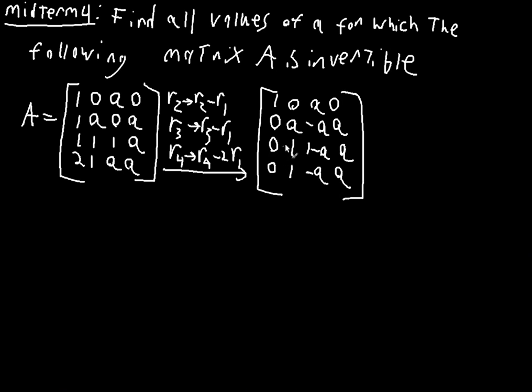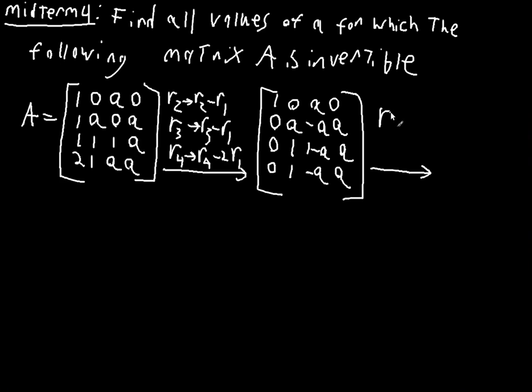Okay, now this is where we want to start off by worrying. We don't want to divide out by A here, unless we're very careful about our work, because A could be 0. Instead, what I'm going to do to help bypass that, I'm going to take this guy here, and I'm going to move him up top, so that I have a nice number to work with as a leading entry.